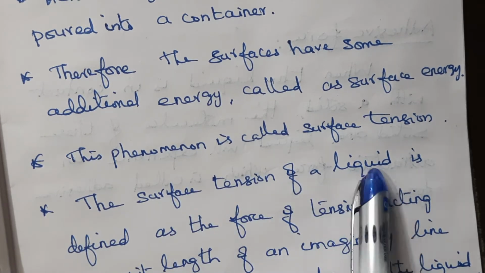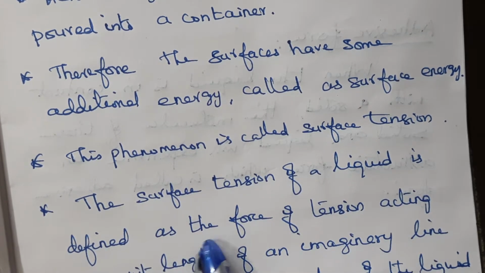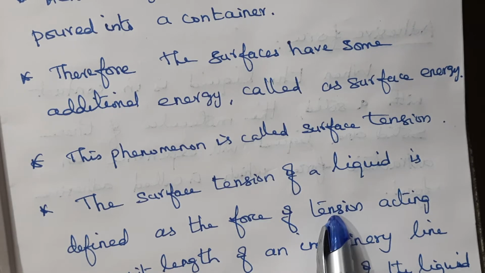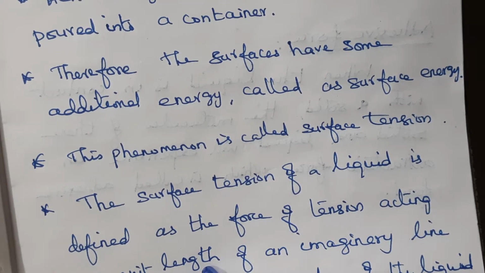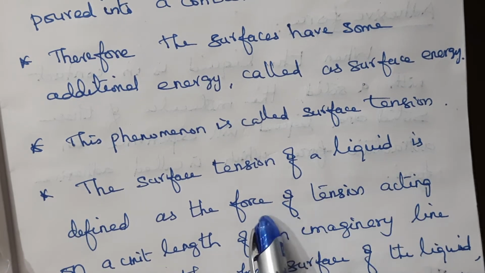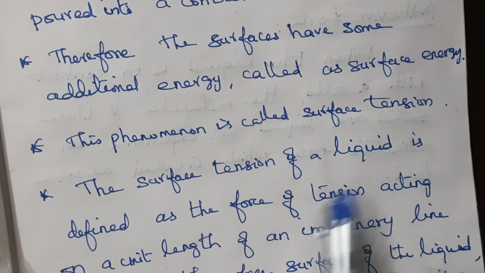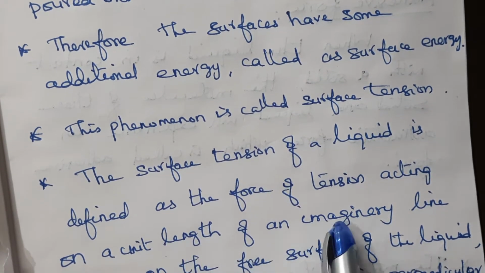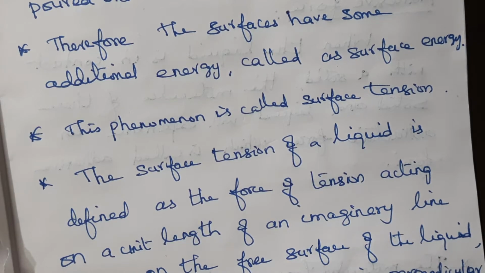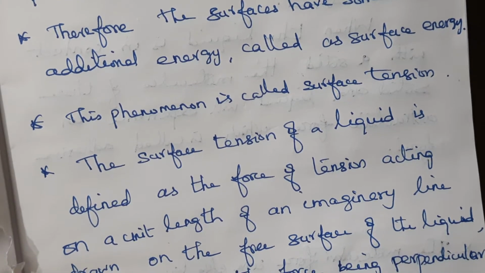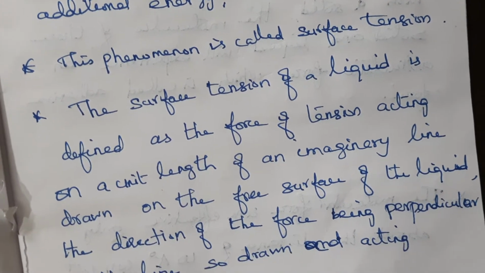Surface tension of a liquid is defined as the force of tension acting on a unit length of an imaginary line drawn on the free surface of the liquid. The direction of the force is perpendicular to the line so drawn and acting parallel to the surface.